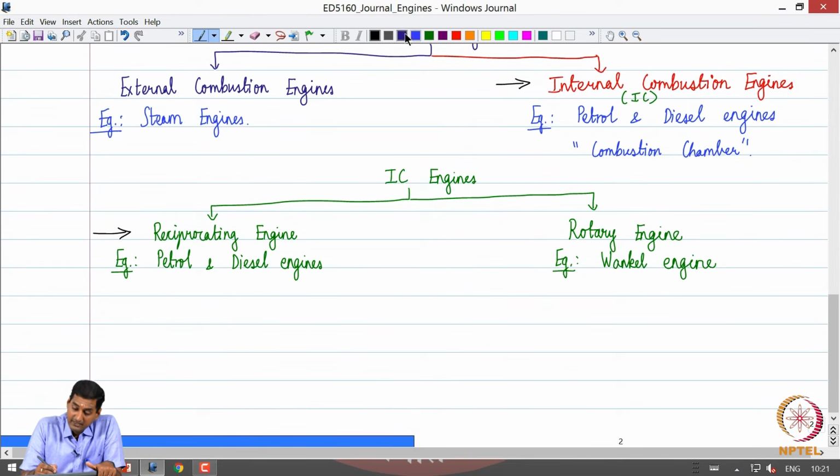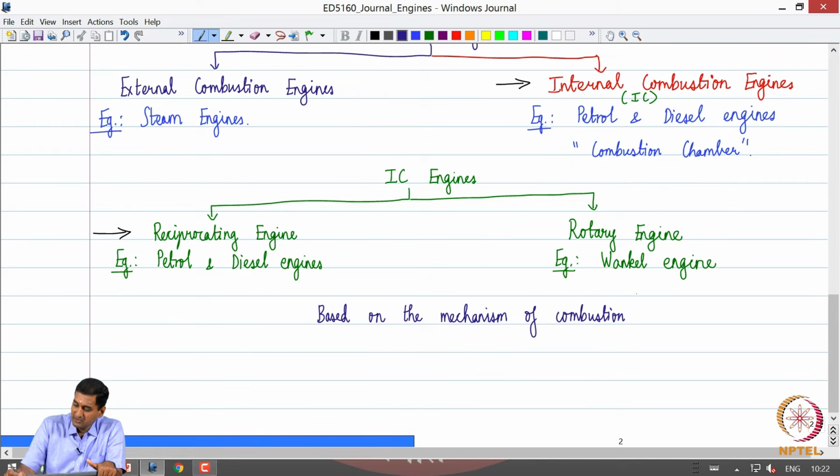Then, based on the mechanism of combustion, or I would say ignition, we will look at all these terms later on.